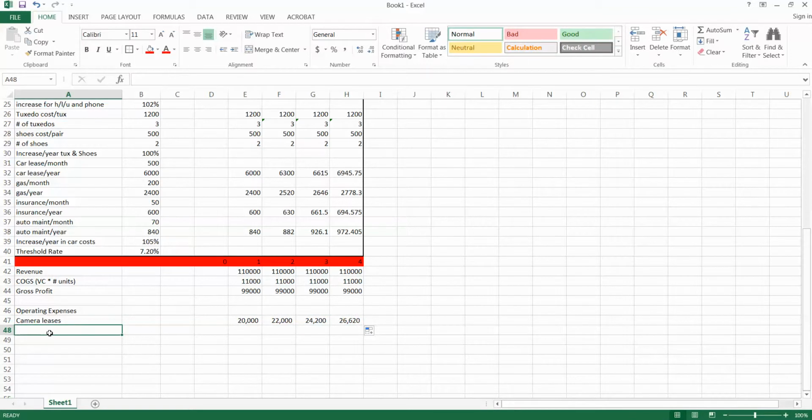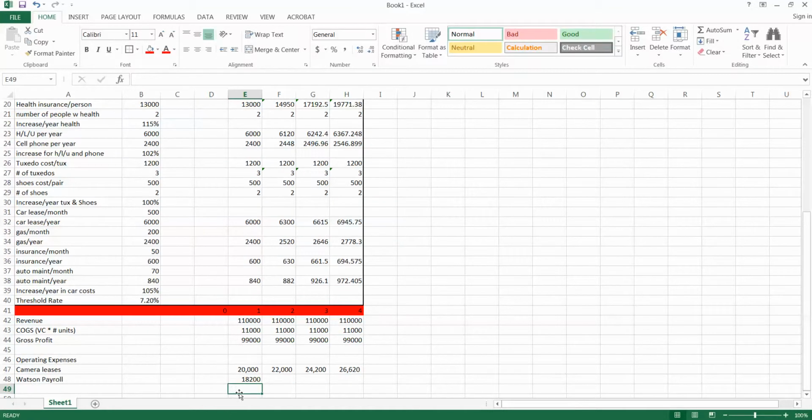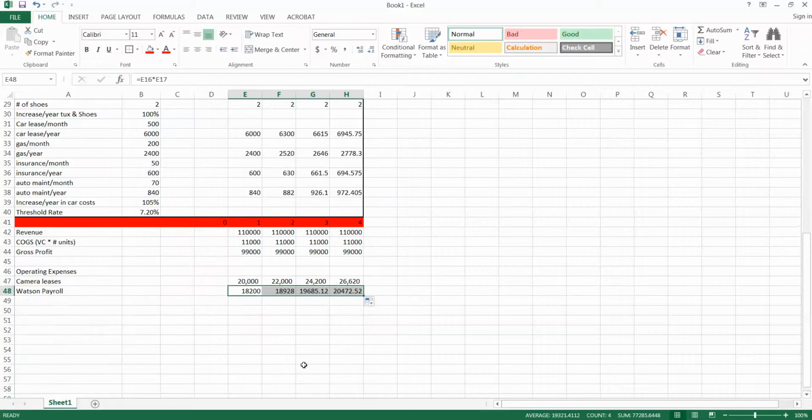Next we have our Watson's cost, Watson payroll. And that's a formula which is equal to, you can use equal or plus, our hours per year times our cost per hour. Very good. And because that's relative, we should be able to take that right across.